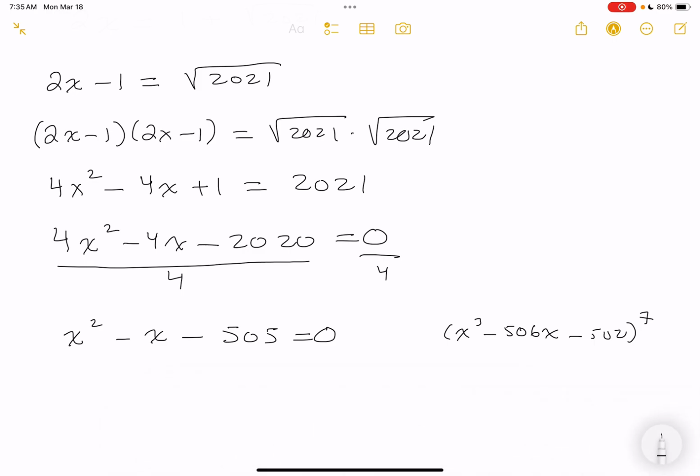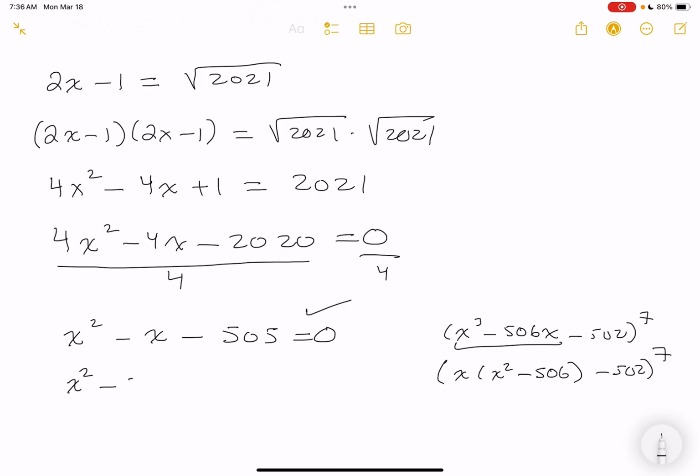All right, so I'm going to factor out from this an x. I get x squared minus 506, minus 502, to the 7th power. Okay. I'm looking at this, and I have to determine, does this help with that? And I think it does. Let me write this down. So x squared, I see that.